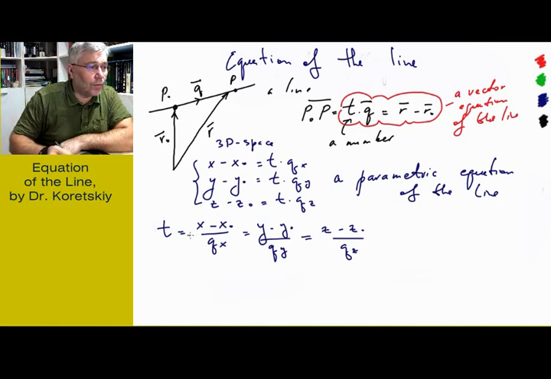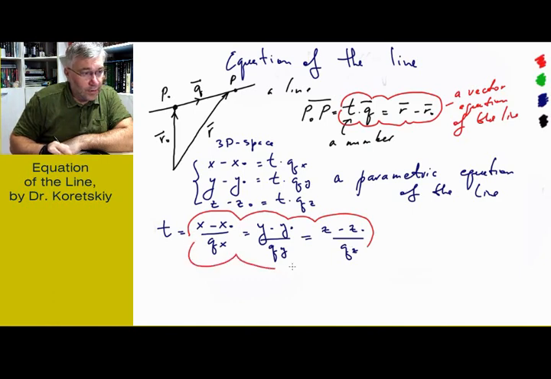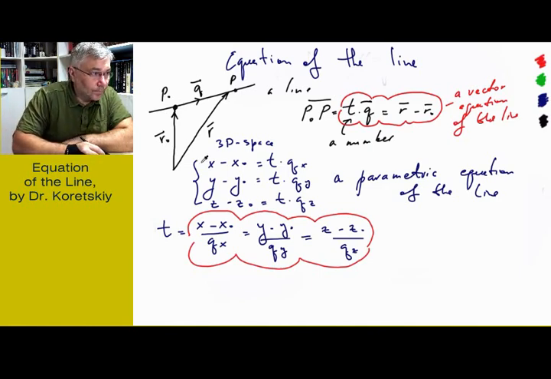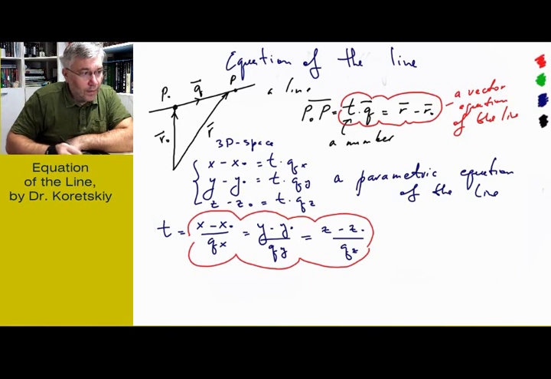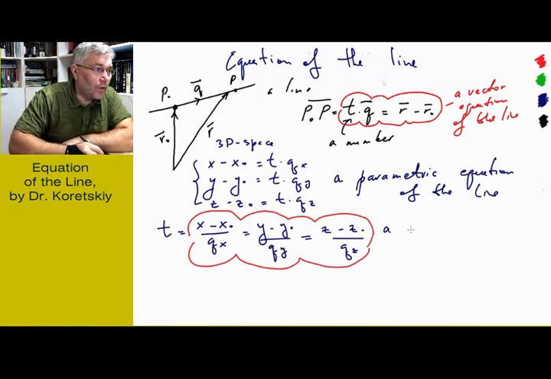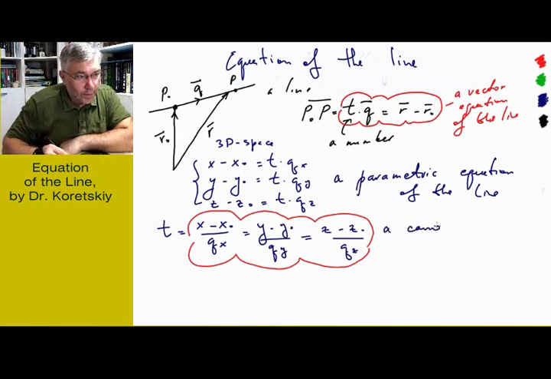This way of writing the equation of the straight line is known as a canonical equation of the line.